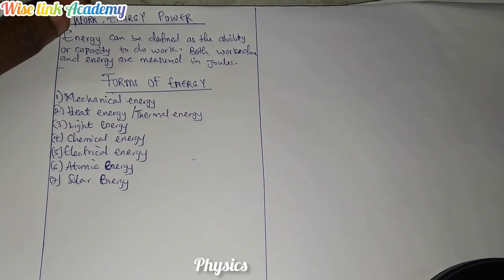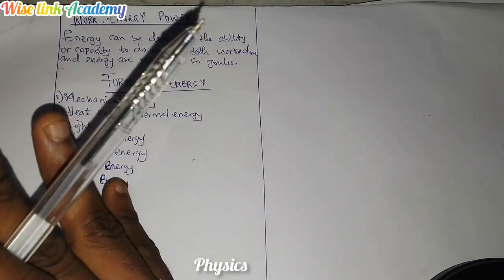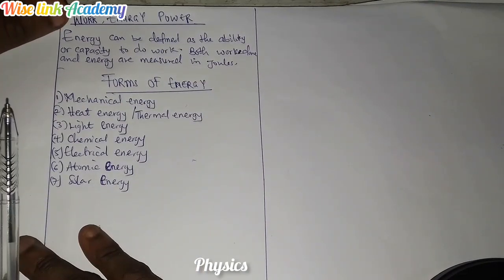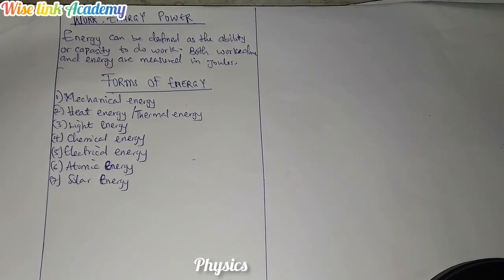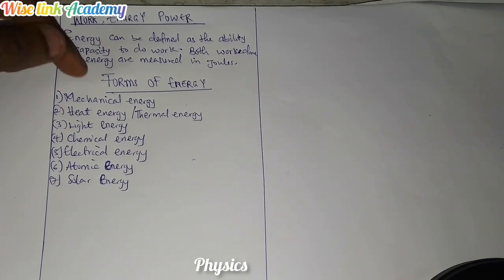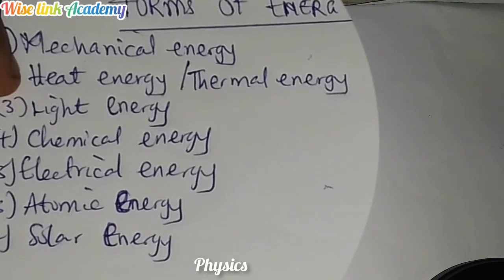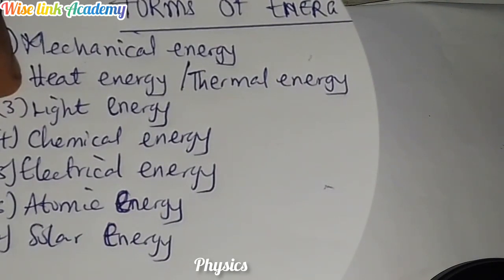Let's proceed. The forms of energy. This energy we're talking about is classified into different variations. We have mechanical energy and heat energy. Heat energy is also called thermal energy.